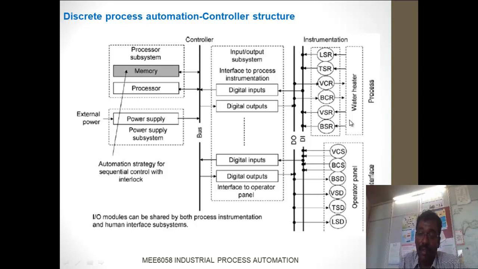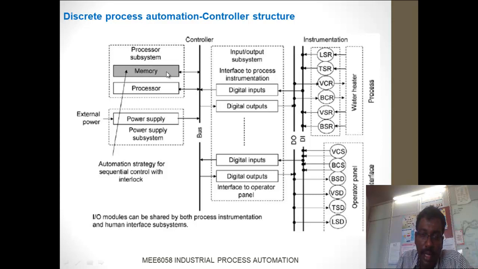So here you can find the controller and the water heater, controller and the human systems. It takes the data from the water heater to the instrumentation subsystems, and transfers the data to memory, already pre-programmed in the memory. Depending upon conditions, the processor compares the pre-programmed data in the memory with the observed data from the instrumentation process, and if it's okay, not a problem.